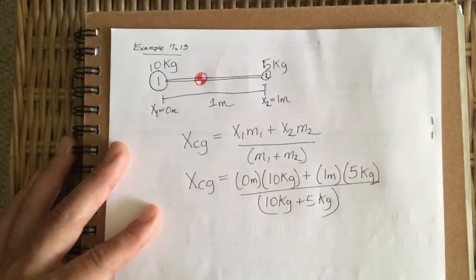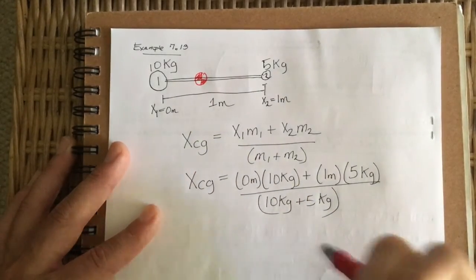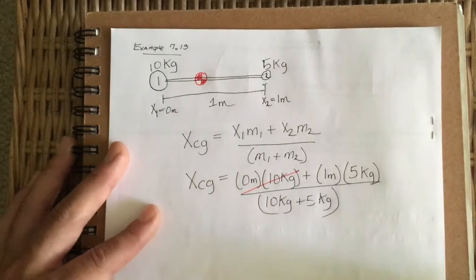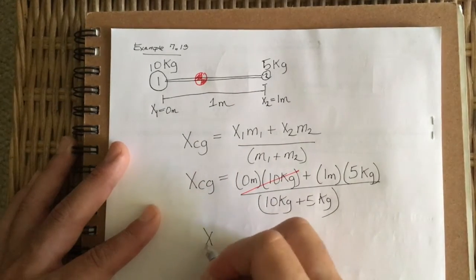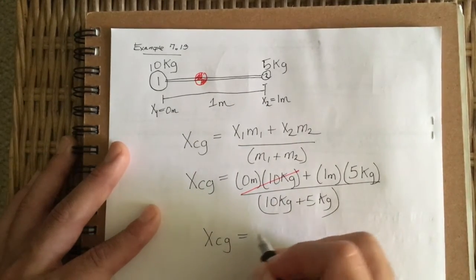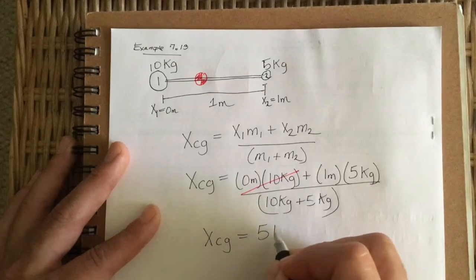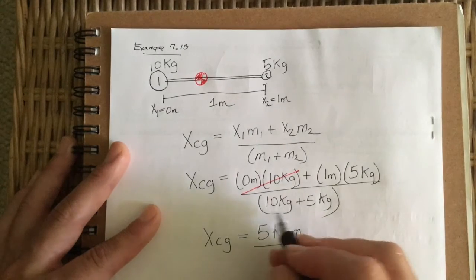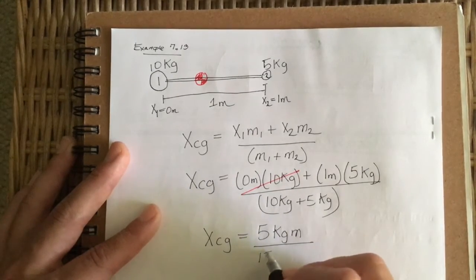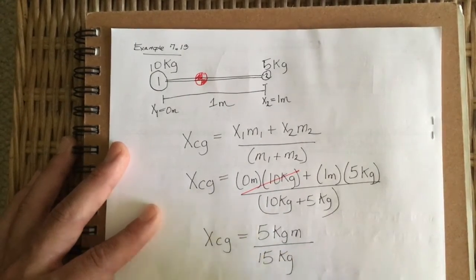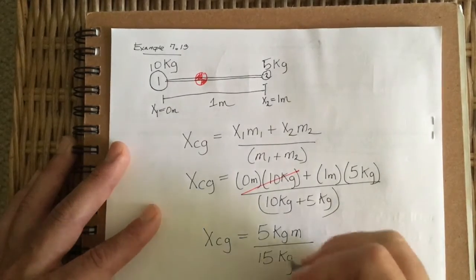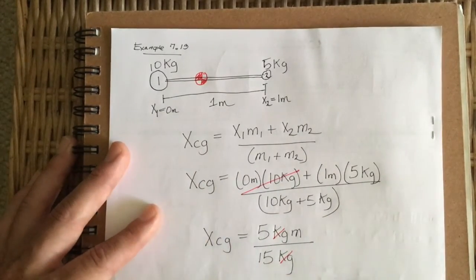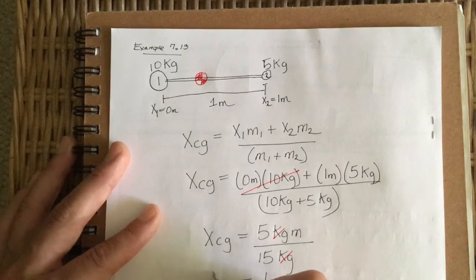So fairly straightforward. 0 times 10 is going to be 0, so that can cancel away. So we get xcg is equal to 5 kilogram meters, I don't know what the heck that is, divided by 10 plus 5 is 15 kilograms. Should see what I see, right? The kilograms can cancel away. So we're left with 5 over 15 meters, which is just 1/3 of a meter.